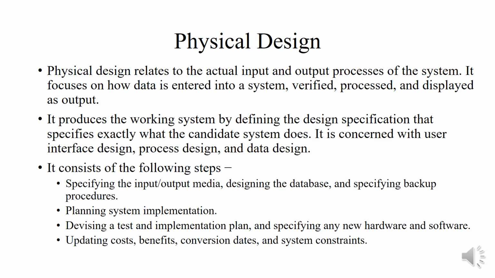Physical design consists of a few steps: specifying the input output media, designing the database, specifying backup procedures, planning system implementation, devising a test and implementation plan, and specifying any new hardware and software, updating cost, benefits, conversion dates, and system constraints. So these are the steps of the physical design.